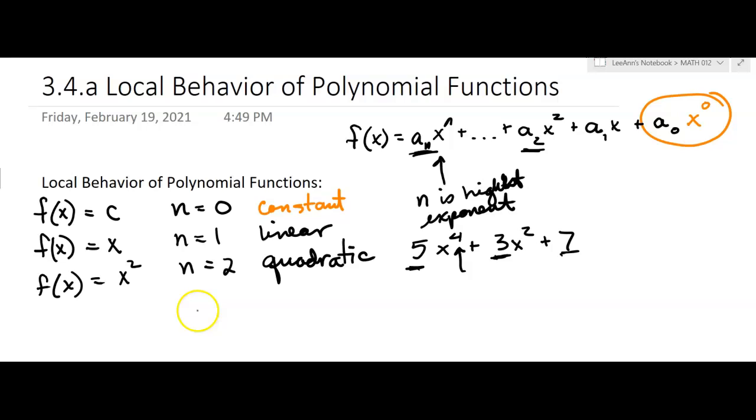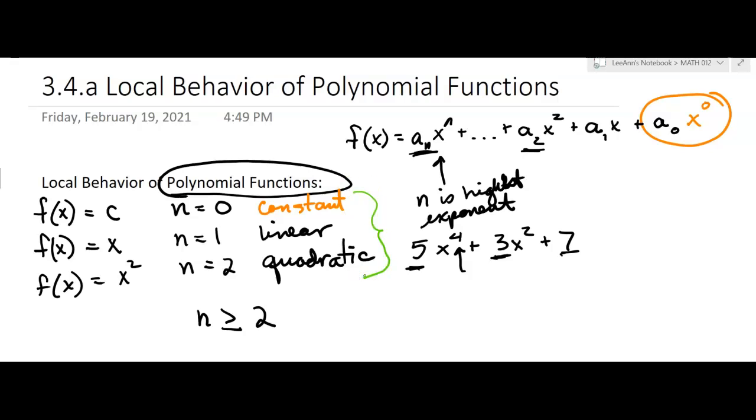For polynomial functions, we're interested in them having n greater than or equal to 2. So we kind of know what happens with these functions, the constant function, the linear function, the quadratic function. Kind of know what they look like, a line or a parabola. But now we're interested in a higher degree polynomial.